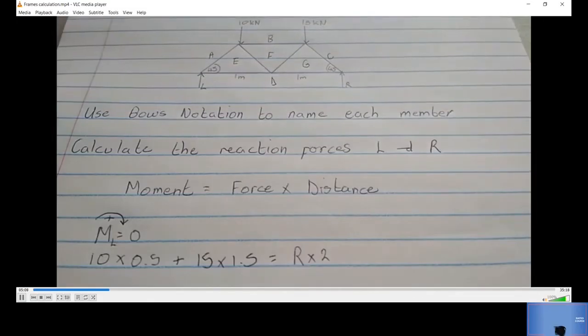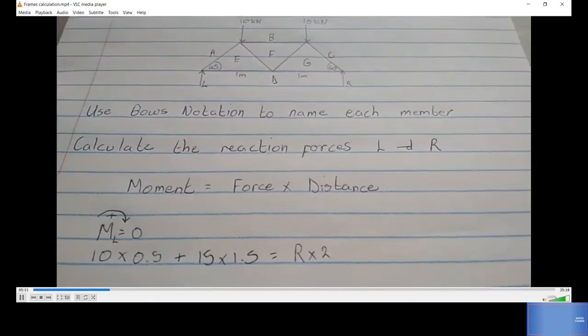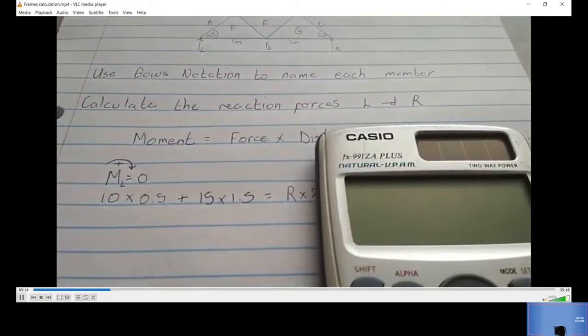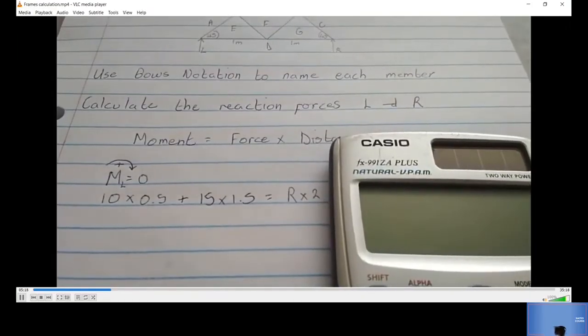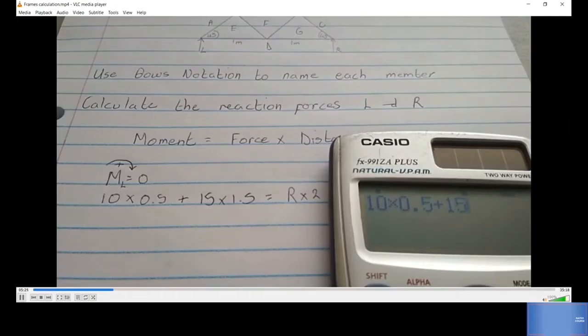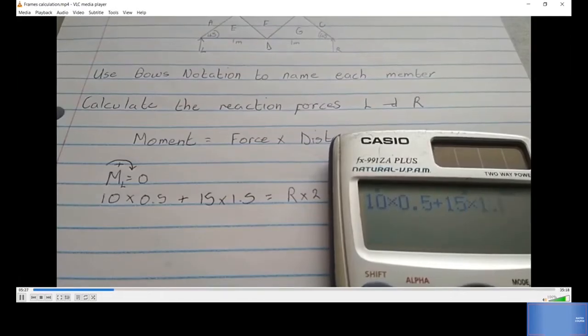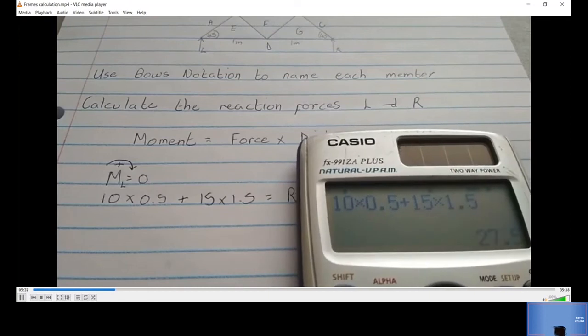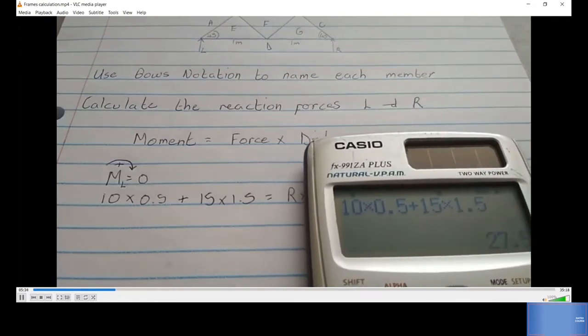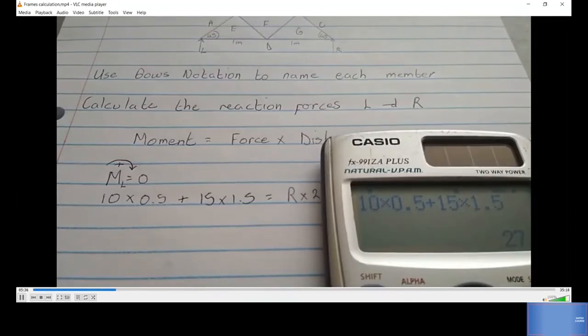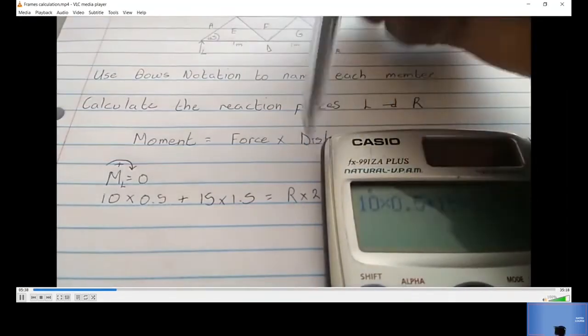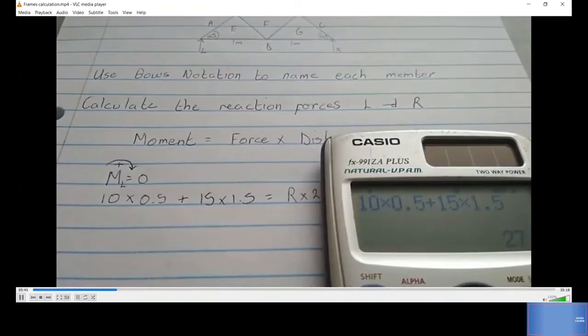Okay, now the next thing to do is just solve for that R. Okay, we're going to use a calculator. Okay, and then we're going to say 10 times 0.5 plus 15 times 1.5, and we're going to get 27.5, and then we need to divide it by 2, that 2, in order to get what R is.